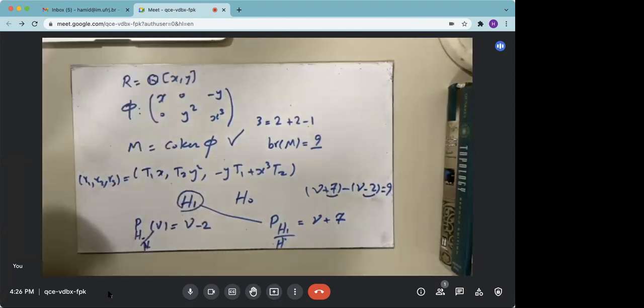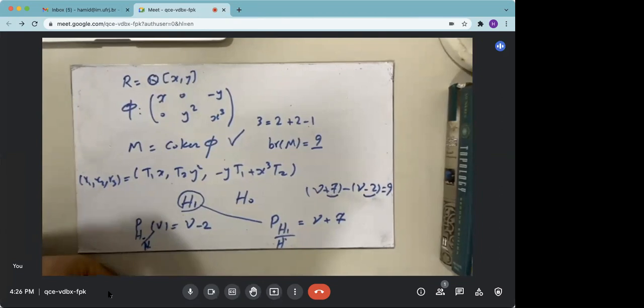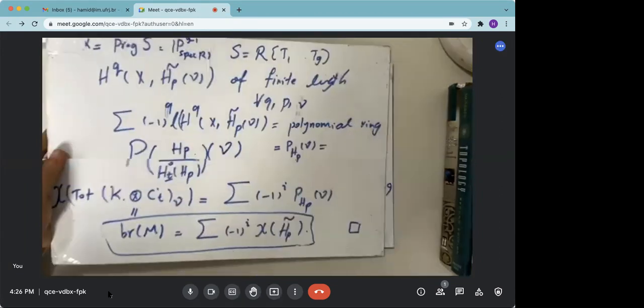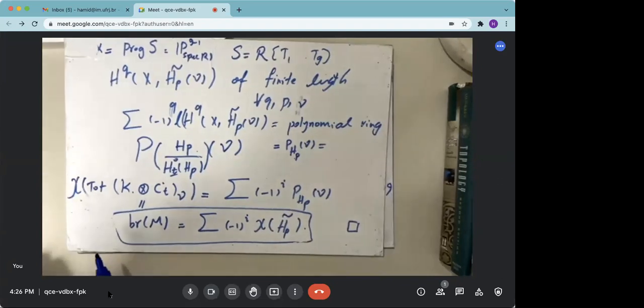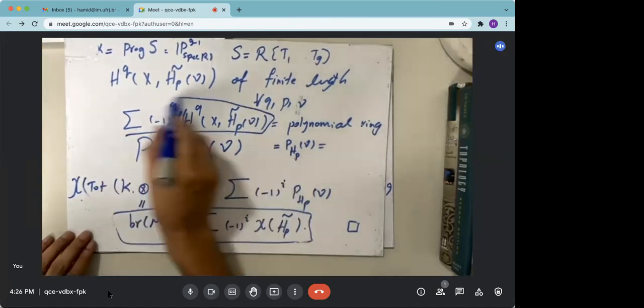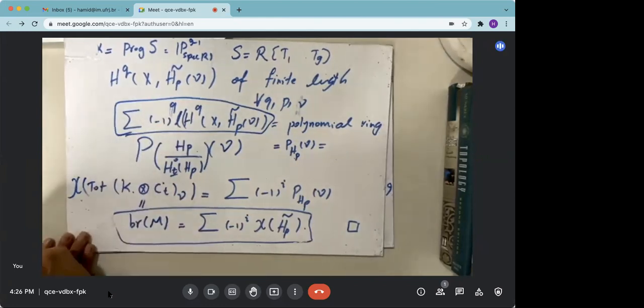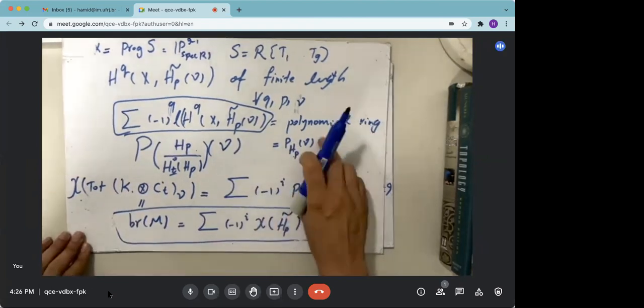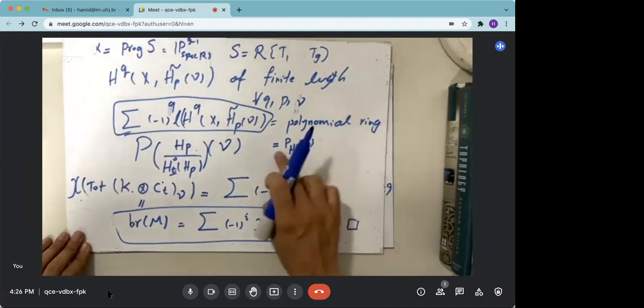Okay, but now if we could go back to the last page. You see the sum in the middle? It's in the middle of the page. Go, there we go, that. Now, right after the box, you have an equal sign. Equals polynomial ring.